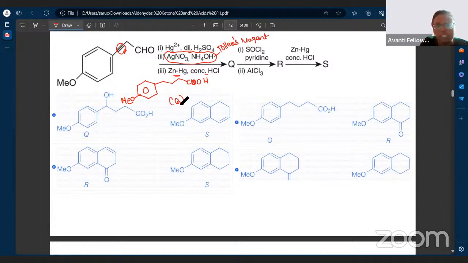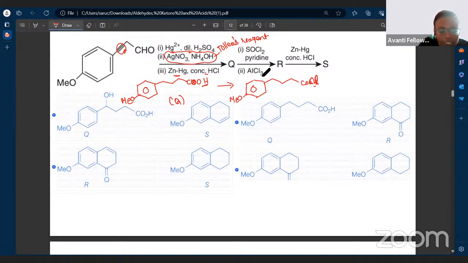Okay. Next is Q on reaction with thionyl chloride. So where is thionyl chloride used? Thionyl chloride, pyridine. When you use thionyl chloride and pyridine, OH will get converted to Cl.